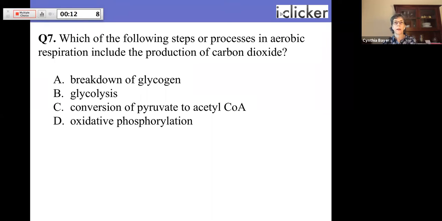It's a waste product, but it is a fully oxidized carbon atom. That is an oxidized product of this respiration, this breakdown of that glucose that we started with. So which of these? Is there more than one?